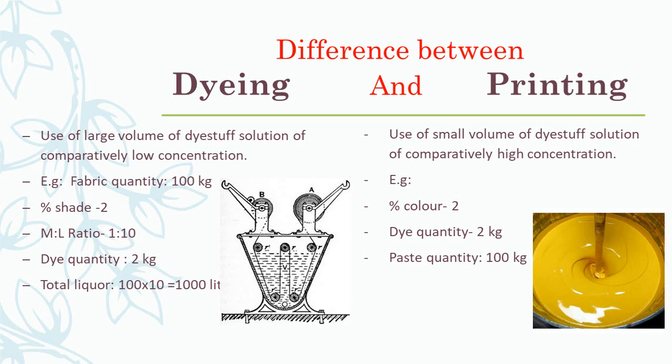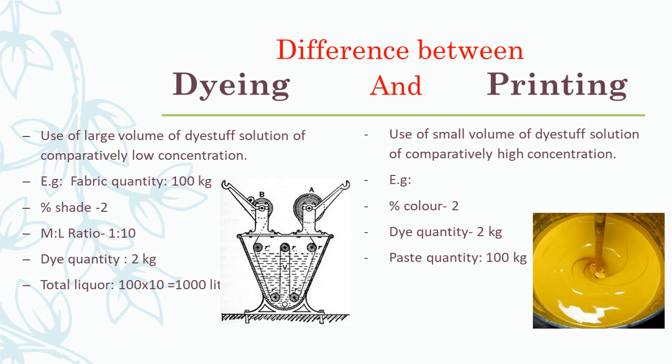Hence, it is said to be a dyestuff solution of comparatively low concentration. Just 2 kg of dye we are mixing in 1000 liters, so you can imagine the concentration of dye is comparatively low. Whereas the volume of dyestuff solution is large enough, 1000 liters, that much is the volume of dye solution. Right? So use of a large volume of dyestuff solution of comparatively low concentration.